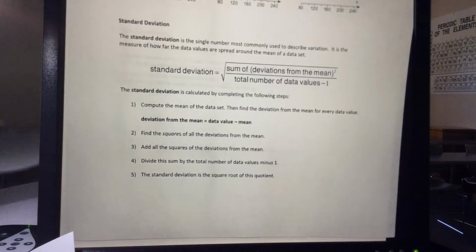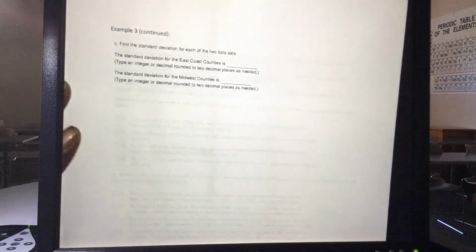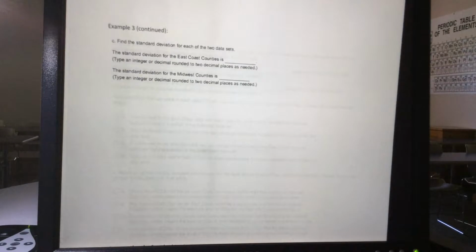Okay. So now let's look at the continuation of example 3, for East Coast counties and Midwest counties. We're going to find the standard deviation for each of those two data sets, following the procedure that I just gave you. Let's start with the East Coast counties.